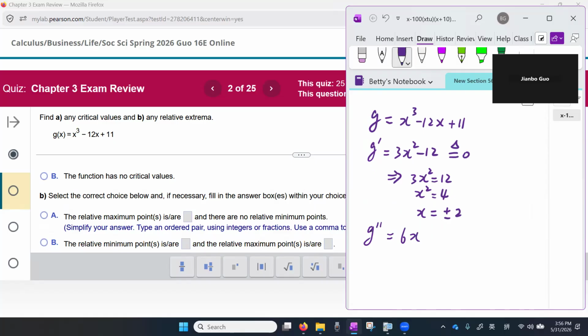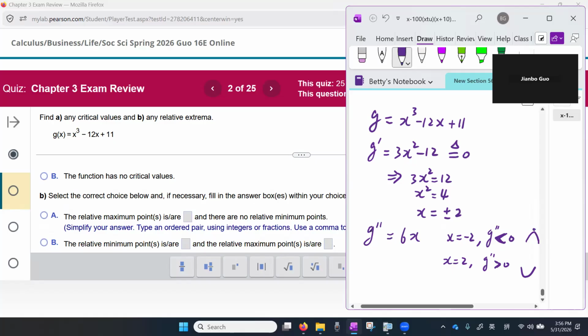And when x equals -2, the second derivative is negative. And when x equals +2, the second derivative is positive. Second derivative negative means concave down, positive means concave up.